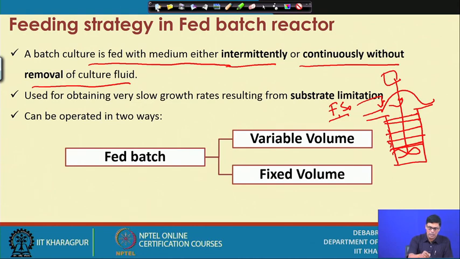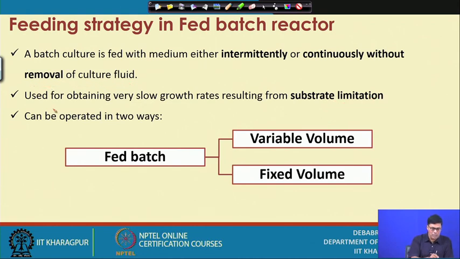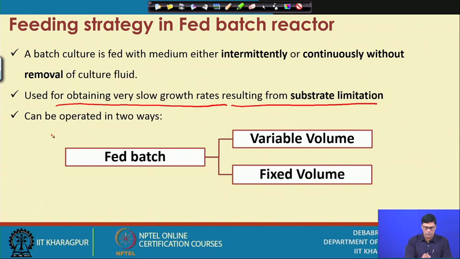These are the things that we have usually used for obtaining very slow growth rate, resulting in substrate limitation, and it can be operated two ways: one is variable volume, another is fixed volume. Now, the question comes, how do you ensure your substrate utilization is more? Let me analyze that.